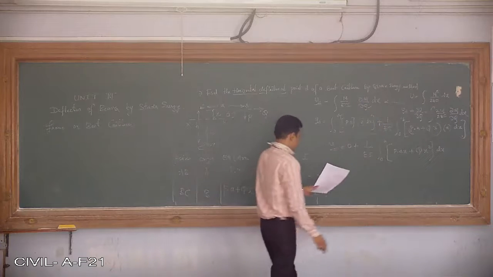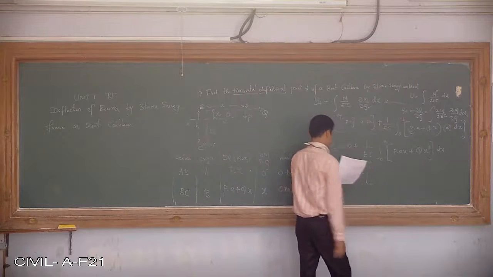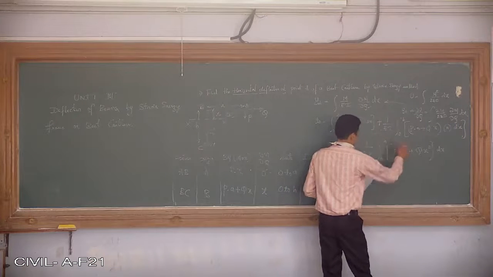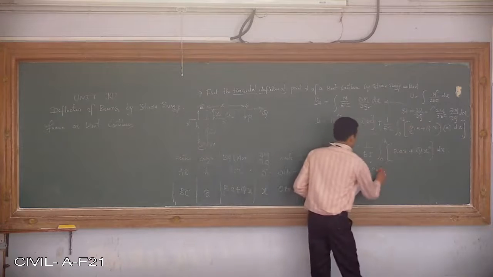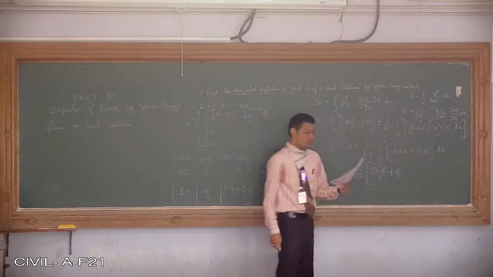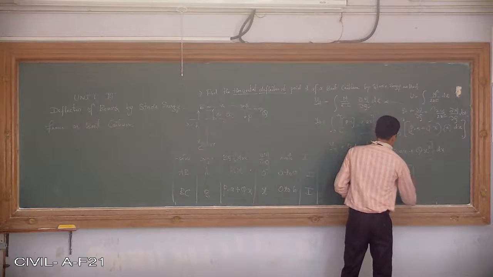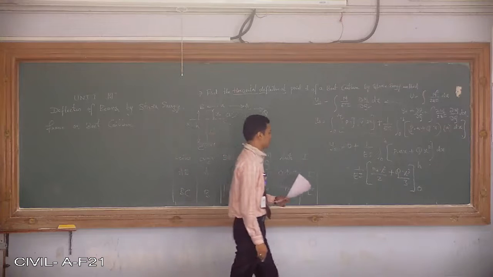So it is 1 by EI, P A X, integration of X is X square by 2, plus Q into integration of X square, which is X cube by 3. Limit 0 to H.